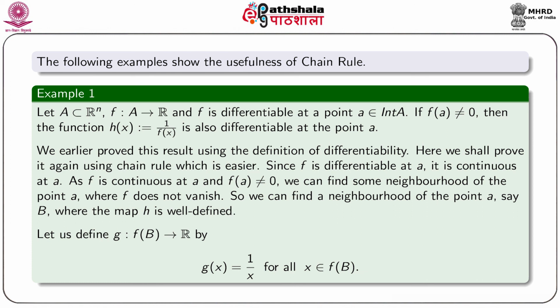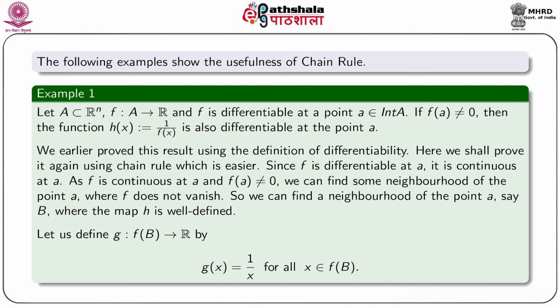Now, we show some examples to show the usefulness of chain rule. Let A be a subset of Rn, f is a scalar field defined on the set A and f is differentiable at a point a, which is an interior point of the set A. If f(a) is not equal to 0, then the function h(x) defined by 1 upon f(x) is also differentiable at the point a.